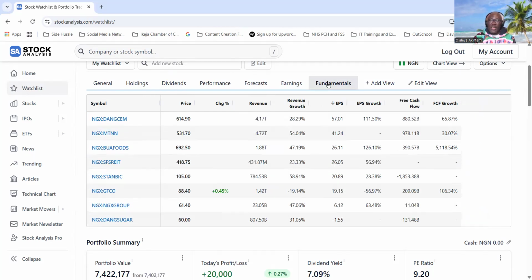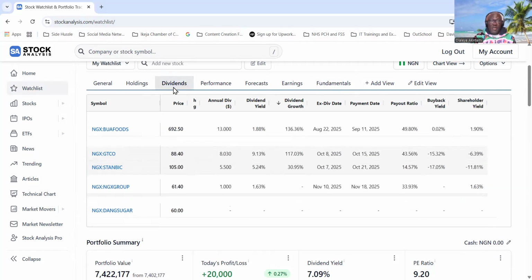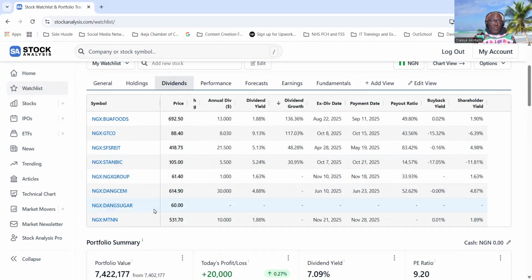Okay, let's have a quick look at another one. For Bitco, the earnings per share is 19 naira 15 kobo. And let's see what dividend Bitco paid.